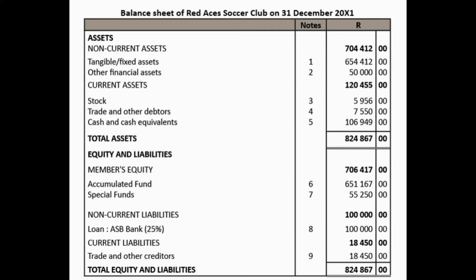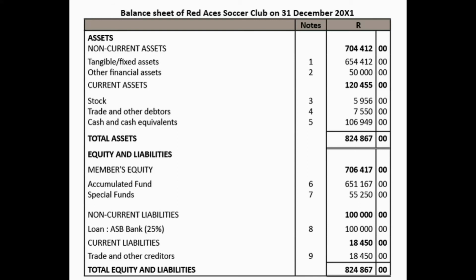Then we get to current assets: stock, that was the adjustment, closing stock, 5,956. Trade and other debtors, we've done that in the notes, 7,550, and cash and cash equivalents, 106,945.